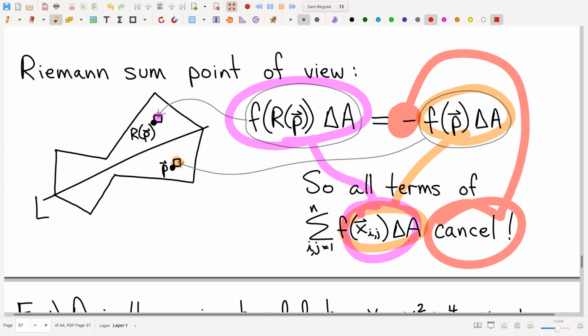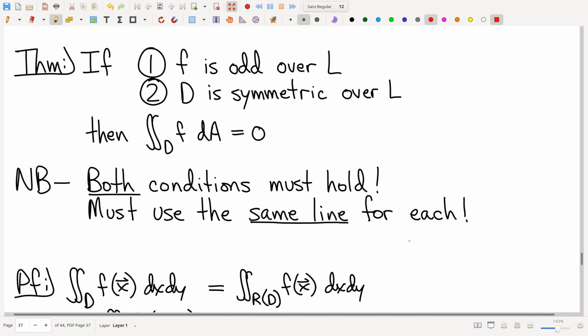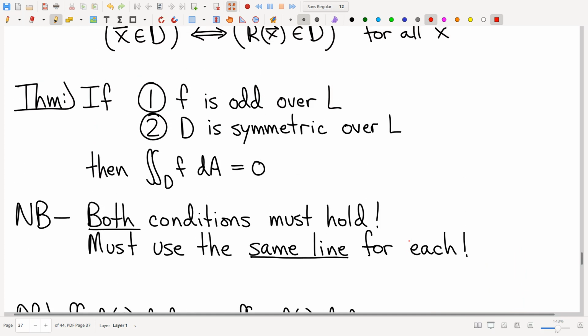So again, every term, you might say below the line, has a reflection buddy on the other side of the line, and so not only do all the pairs cancel, every term is part of a pair, so all the terms cancel. Again, I find that a little bit more intuitively satisfying. Okay. All right. So, yeah, big theorem, very useful.